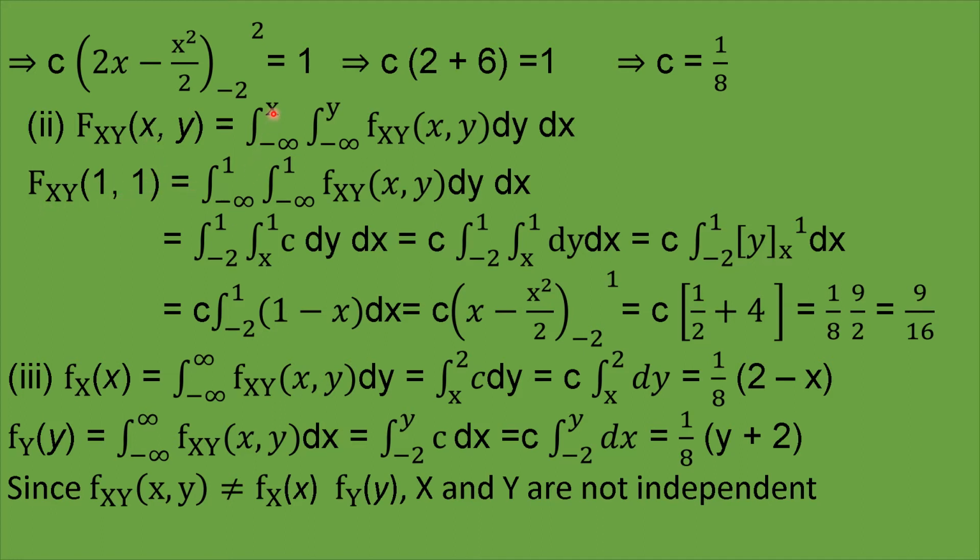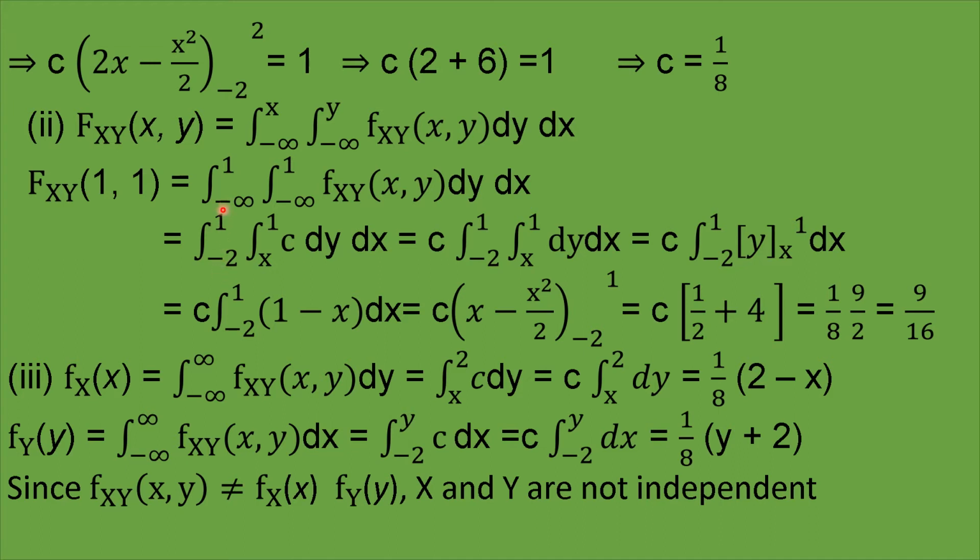It is integral -infinity to 1, integral -infinity to 1, fxy of x comma y dy dx. Since outer integral with respect to x, x starts from -2. You start the lower limit of the outer integral as -2.